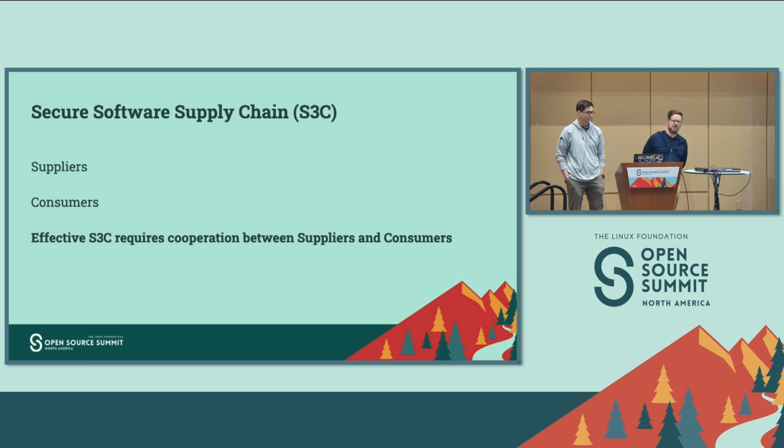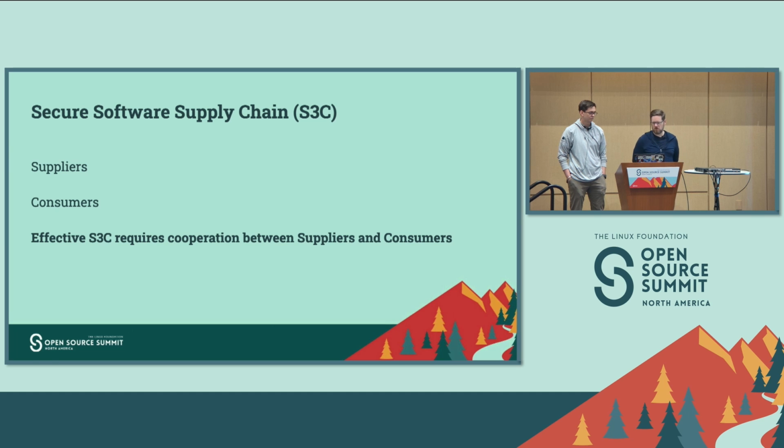Effective software supply chain security requires cooperation between suppliers and consumers. So the work that we've done is geared towards providing consumers with details on what is being provided when a supplier hands off a piece of software. That work is encapsulated mostly in software bill of materials, or SBOMs, and hopefully you caught my colleague Ian Dunbar-Hall's talk earlier this week on that topic.